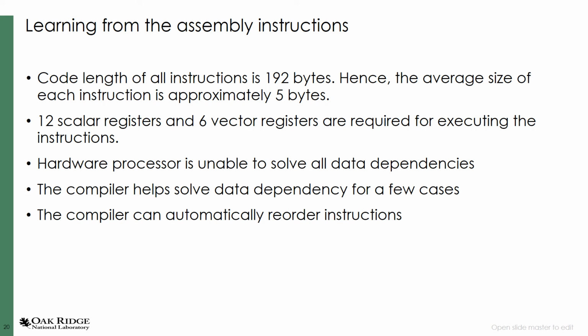Hence, the average size of each instruction is approximately 5 bytes. 12 scalar registers and 6 vector registers are required for executing the instructions. The hardware processor is enabled to solve all data dependencies. The software program helps solve data dependency for a few cases. The compiler can automatically reorder instructions without breaking the correctness of a program.